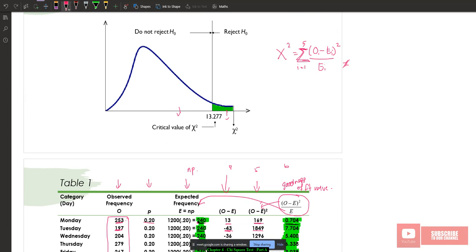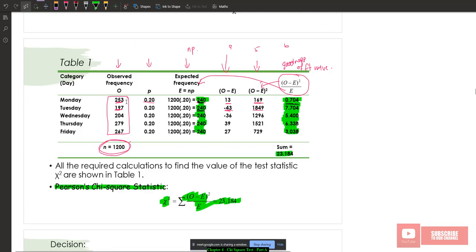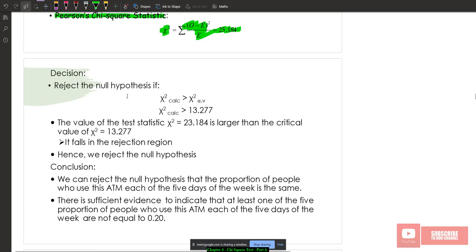So 23.18 should be over here. It lies in the rejection region, right? When it lies in the rejection region, our decision is to reject the null hypothesis if the calculated chi-squared is more than the critical chi-squared value.